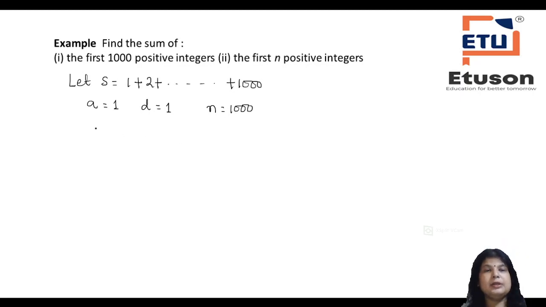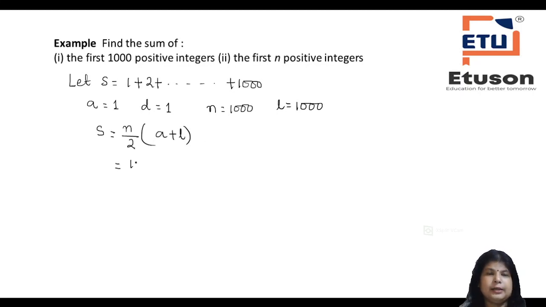Correct or not? Now we have to find the sum S. What is the formula for S? Because here the first term and last term are already given to you, you can use the formula S is equal to n by 2 into A plus L. What is L here? L is the last term, that is 1000.